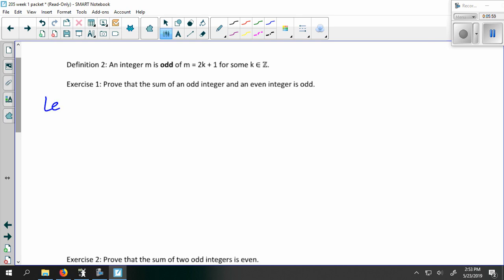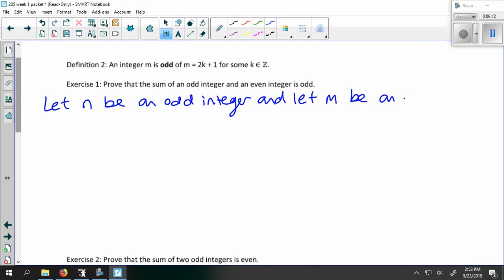So we're going to say let n be an odd integer and let m be an even integer. And we want to show that n plus m is odd.